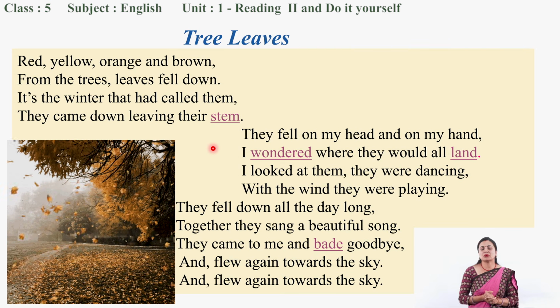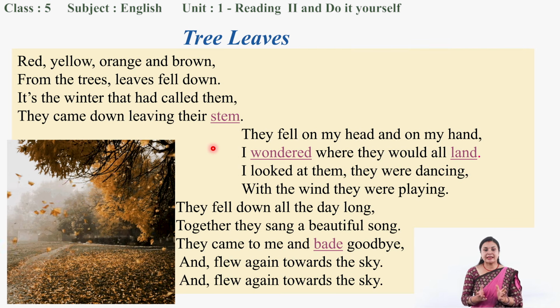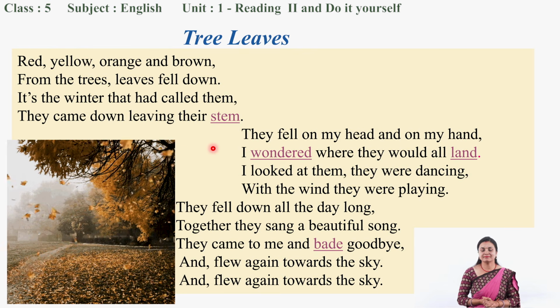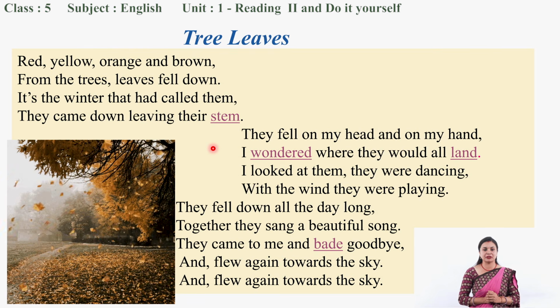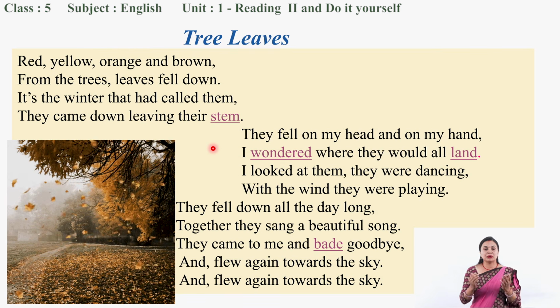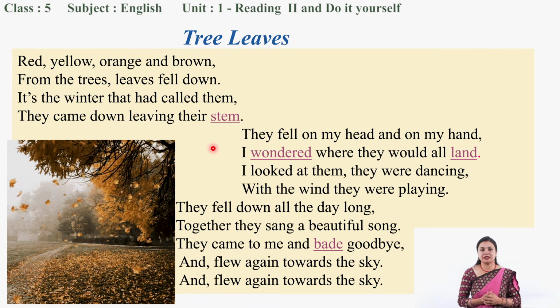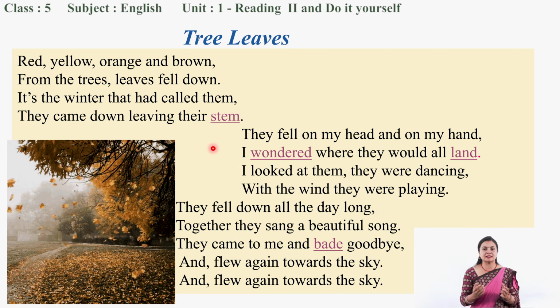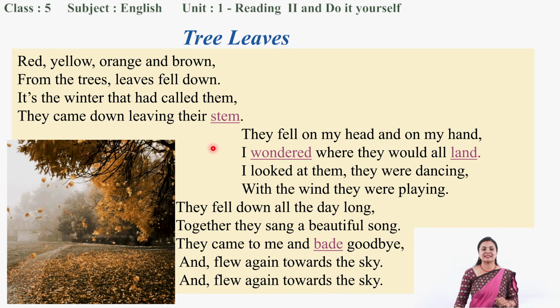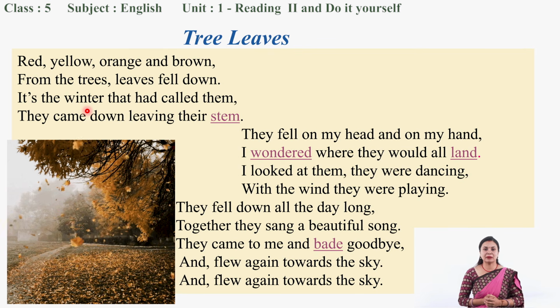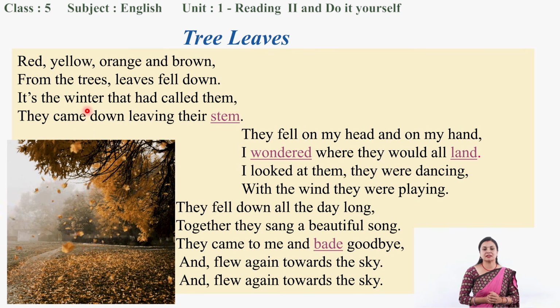What kind of colors does it say the tree leaves have? Yes, red, yellow, orange and brown. Very good. And which season is mentioned in this poem? That is winter. The mentioned season is winter here.